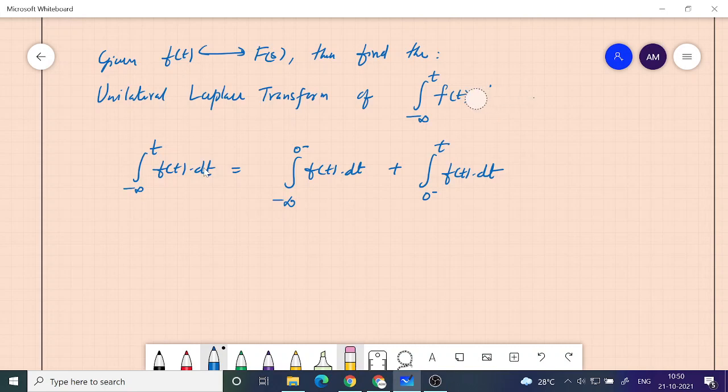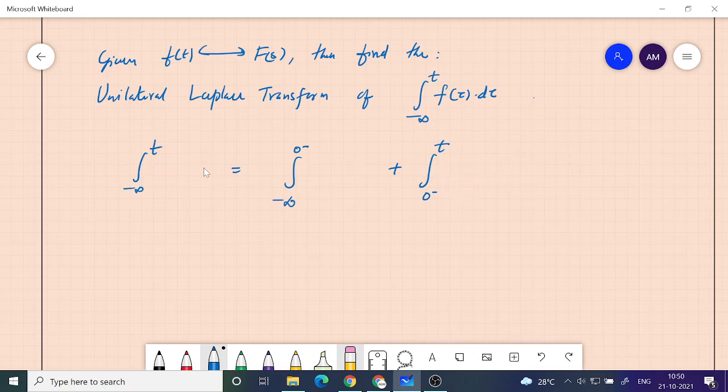Okay, so let me just change the integration variable to f of tau d tau. Everywhere let me change this. It is just a variable.